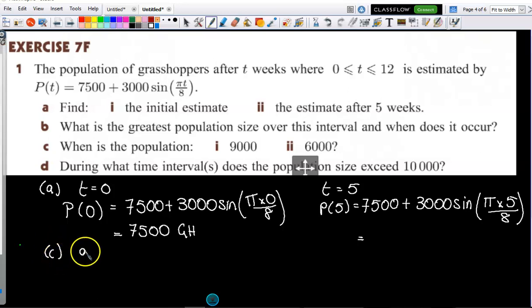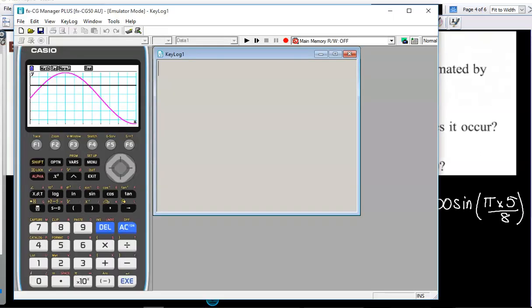You're saying P equals 9,000. So 9,000 equals 7,500 plus 3,000 sine and so on. And then you'd say T equals, bang, bang. And quite frankly, same thing for D. It's just put 10,000 instead of 9,000. When does it exceed? Between here and between here.